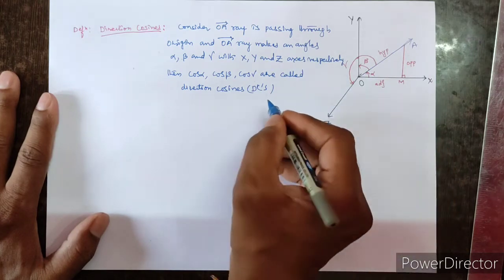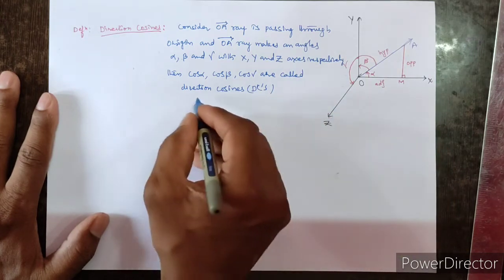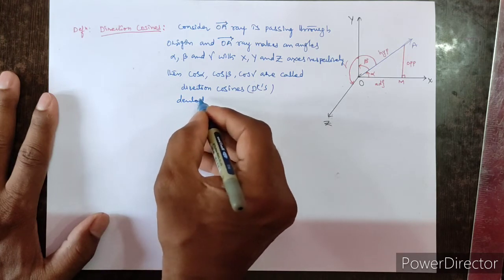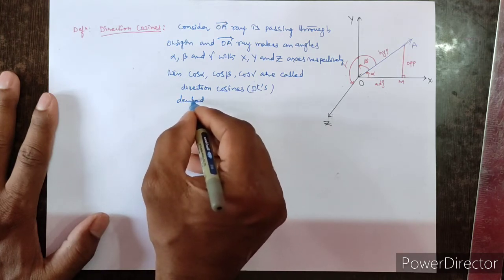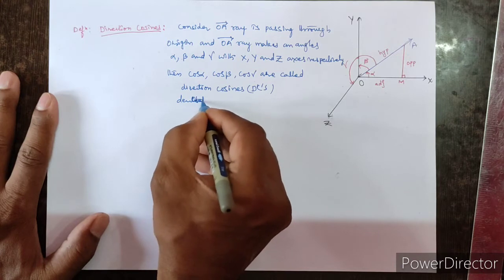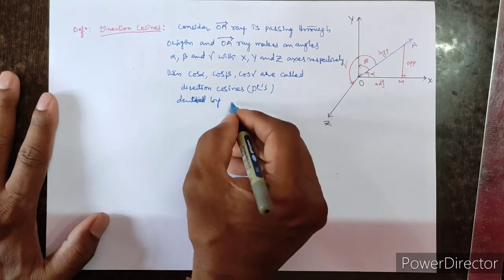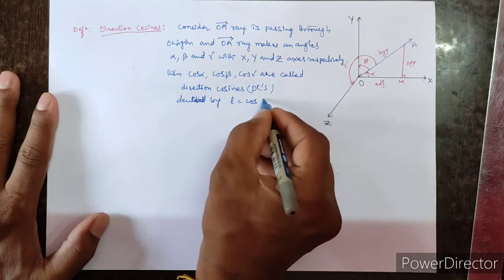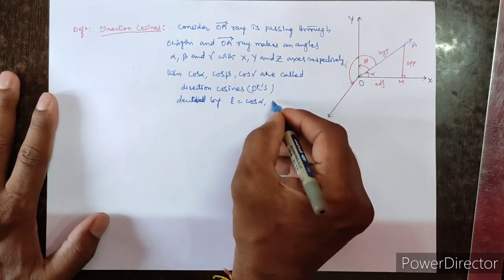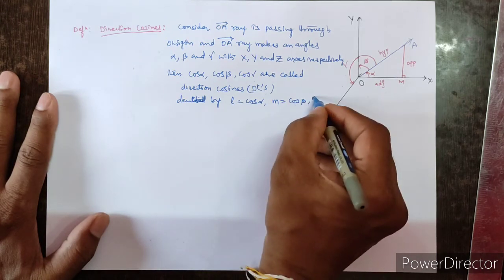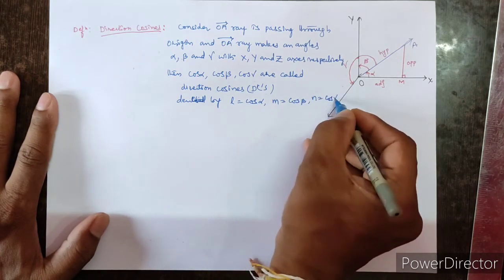Direction cosines denoted by L equal to cos alpha and M equal to cos beta and N equal to cos gamma.